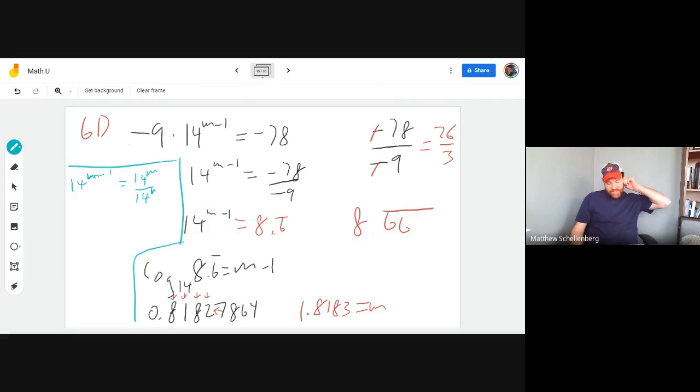And so what I was thinking of is I'm just going to multiply both sides by 14, and I'm going to end up with 14 to the m equals 14 times 8.6 repeating. And that's it. It would have worked. It's just a different log that I punch in, but the result is the same. I still get the same answer for m. I'm not going to do all that out. I'm just going to move on.